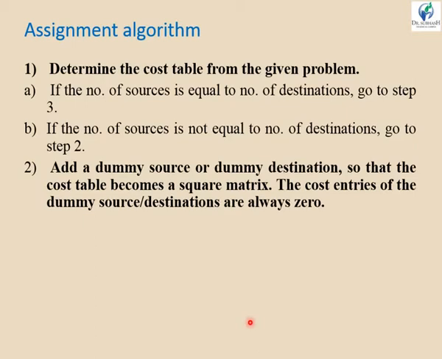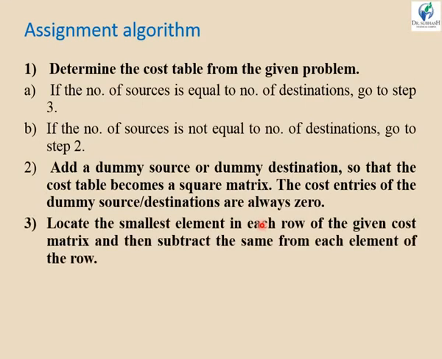In that we checked that the supply capacity and the demand should be equal. Whereas in the assignment problem, we will have to check if the number of rows and number of columns are equal or not. And if it is not equal, then accordingly a dummy row or dummy column will be added, and all the costs associated with it are always 0. So that is our second step.